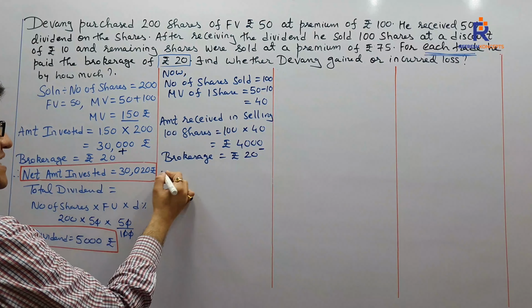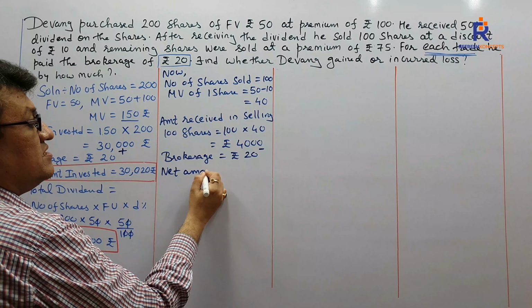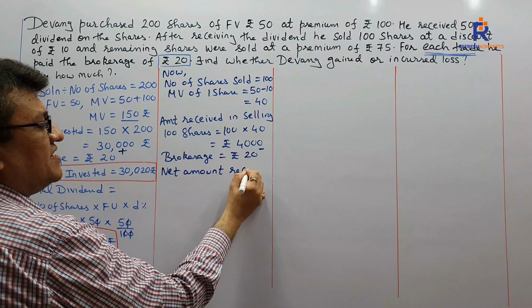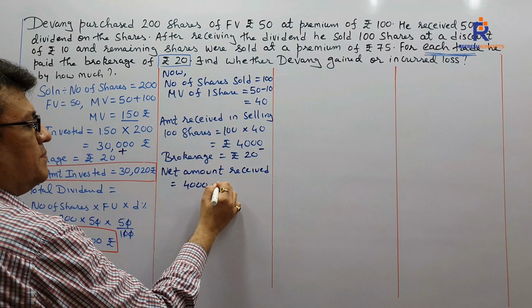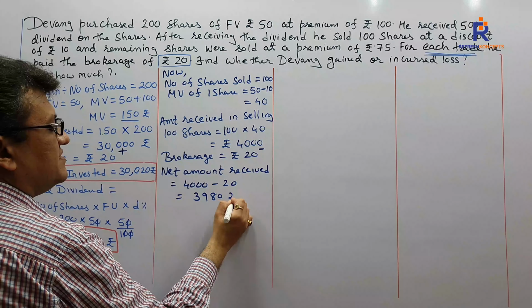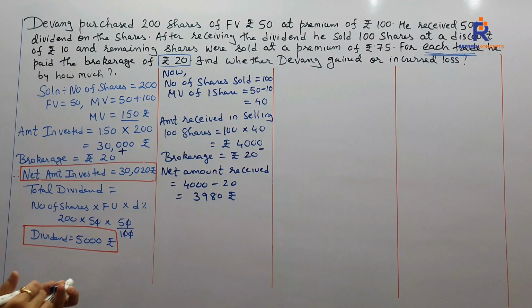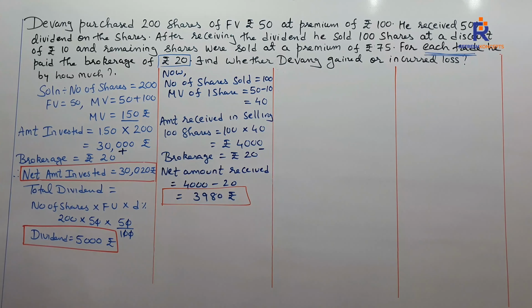So what is the net amount received? Net amount received after selling of 100 shares is 4,000 minus 20, 3,980 rupees. This is the amount received on selling 100 shares.